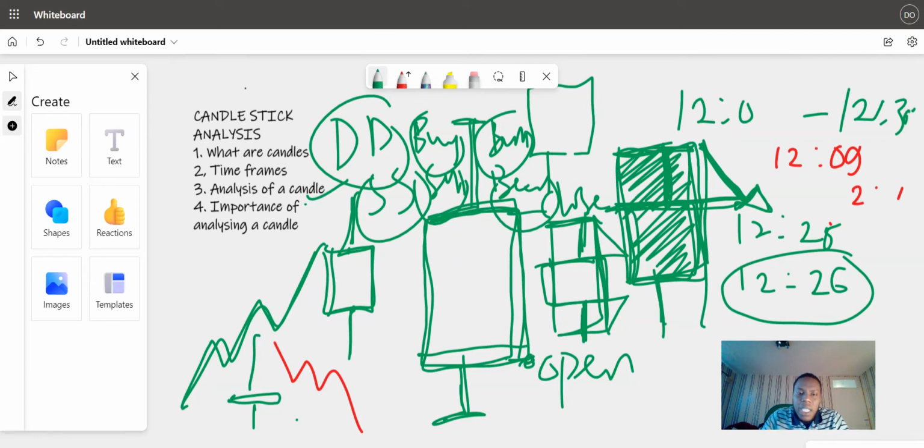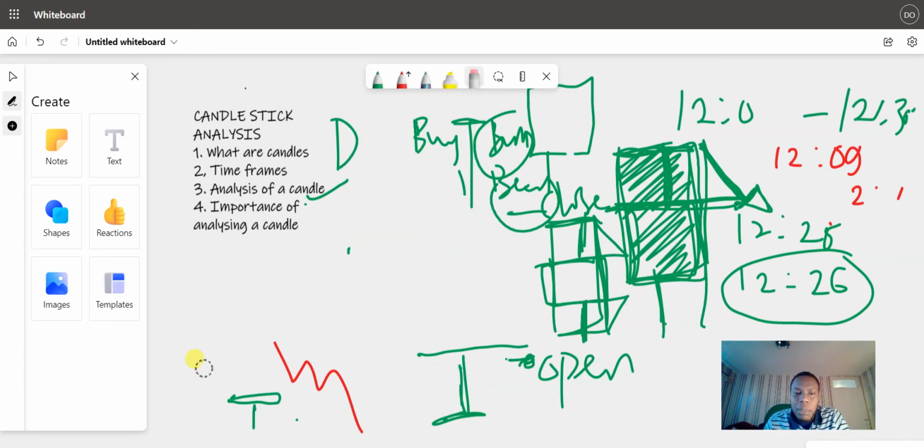For instance, when you see a candlestick like this, let me clean out all this stuff so the chart can be a bit clearer.